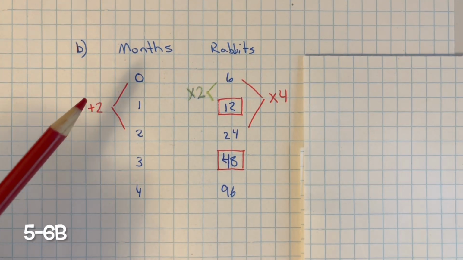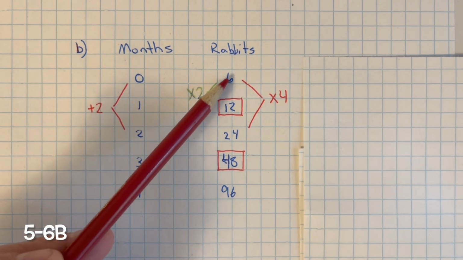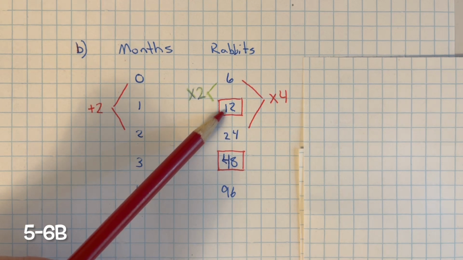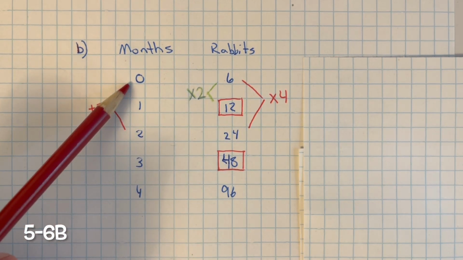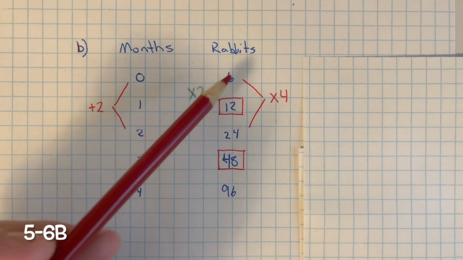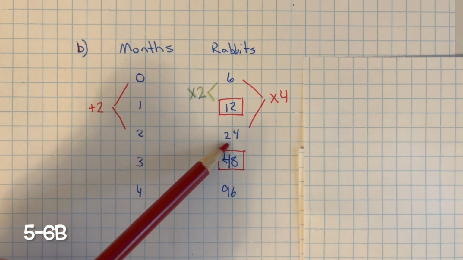For problem B, we need to find the growth rate. And we have 6 and 24, but this one was missing. Well, you know that this is increasing by 2 months, and this is 4 times. 6 times 4 is 24.